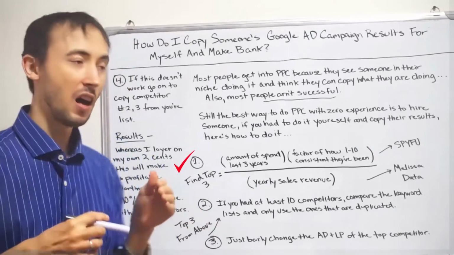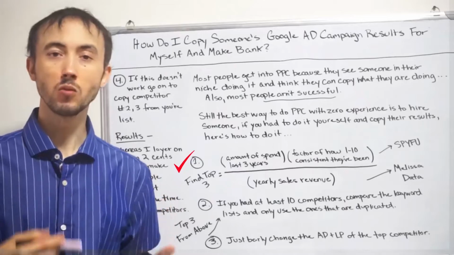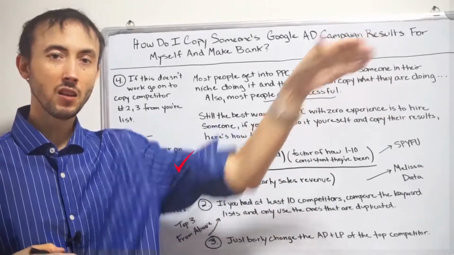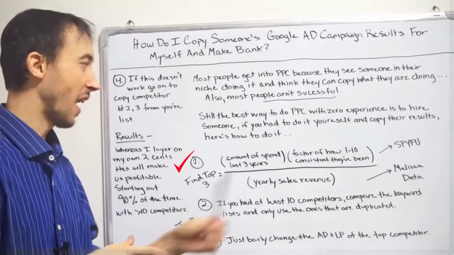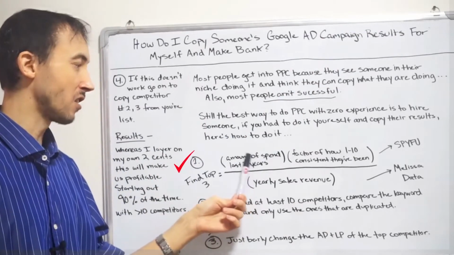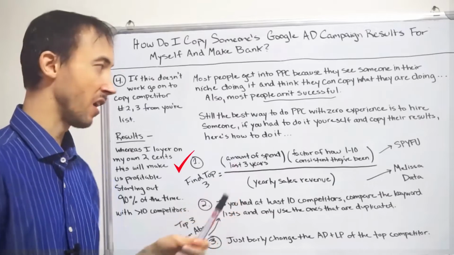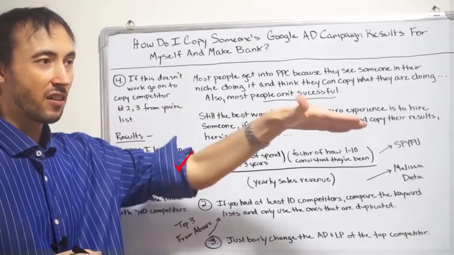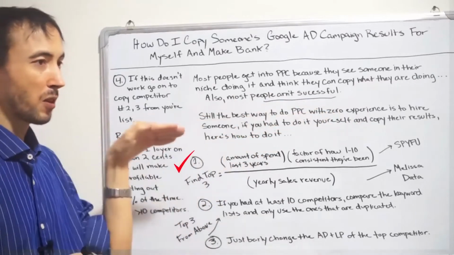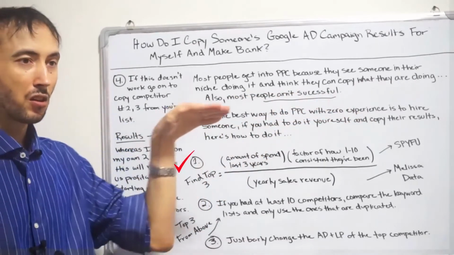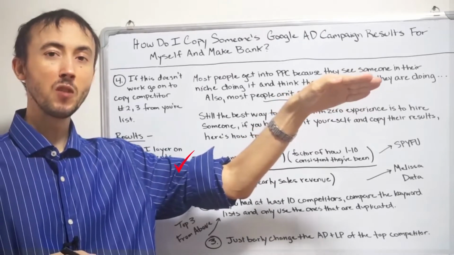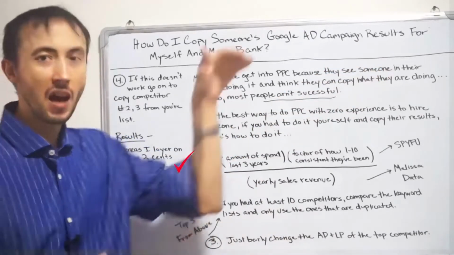If you know what you're doing and it's working, chances are you're just going to keep spending. You may go up in spend, which is also taken into account and factored in by the last 3 years total spend. So what you want to see is flat usage of a reasonable amount of spend, and even more so if it's going slightly up over time, but not up and down.